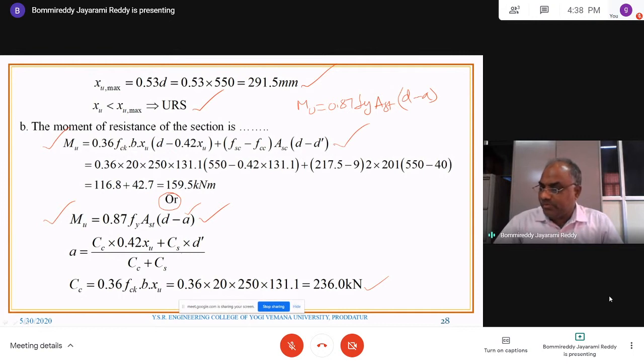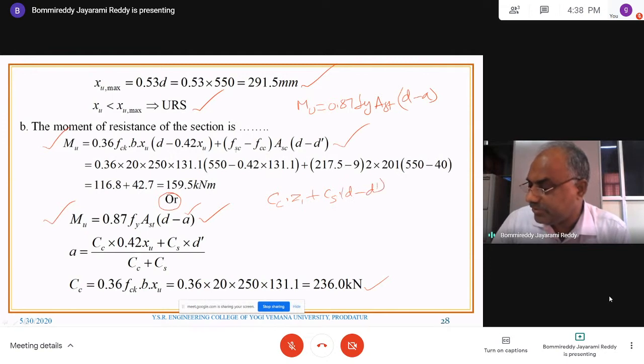So always you go for using, what is this first term? The first term is nothing but Cc multiplied by z1. z1 is d minus 0.42 xu, plus Cs multiplied by (d minus d dash). Cs means (fsc minus fcc) Asc, times (d minus d dash), and accordingly you get 159.5.